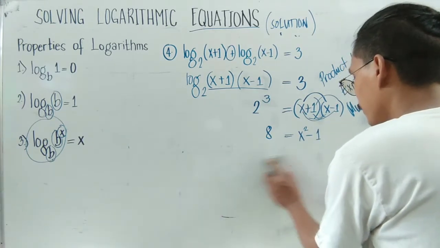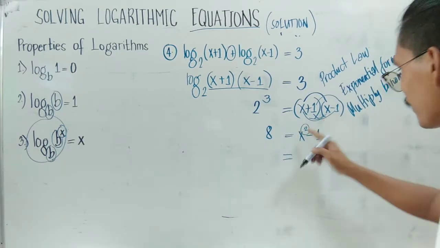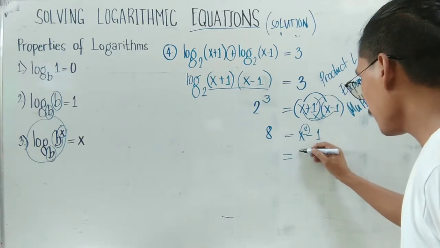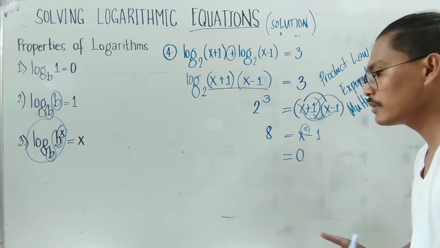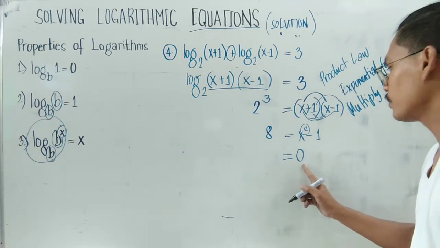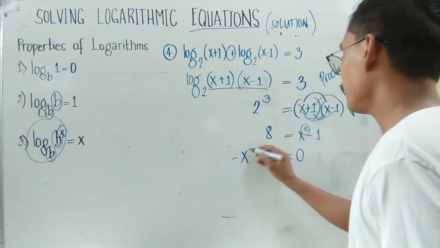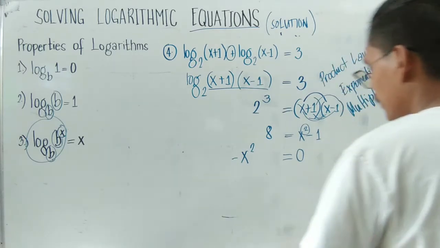Okay, so in this case, when you can see this quadratic form, we will equate your equation to 0.